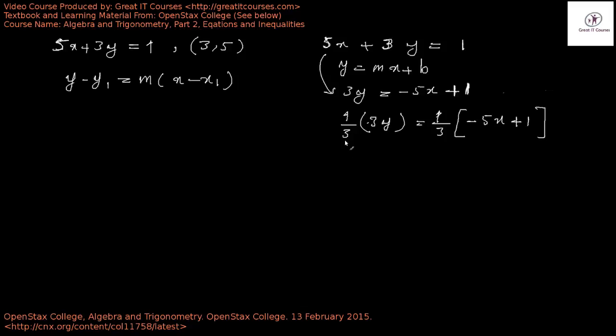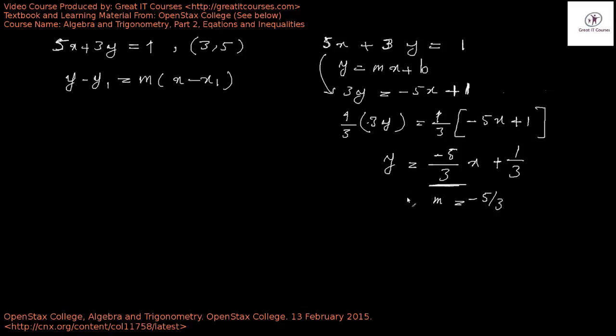Now 1/3 into 3y is just y, and this is equal to minus 5 divided by 3 x plus 1/3. And now this is the equation that I had over here, but written in slope-intercept form. Now, based on this, I can know that my m is equal to minus 5 by 3.